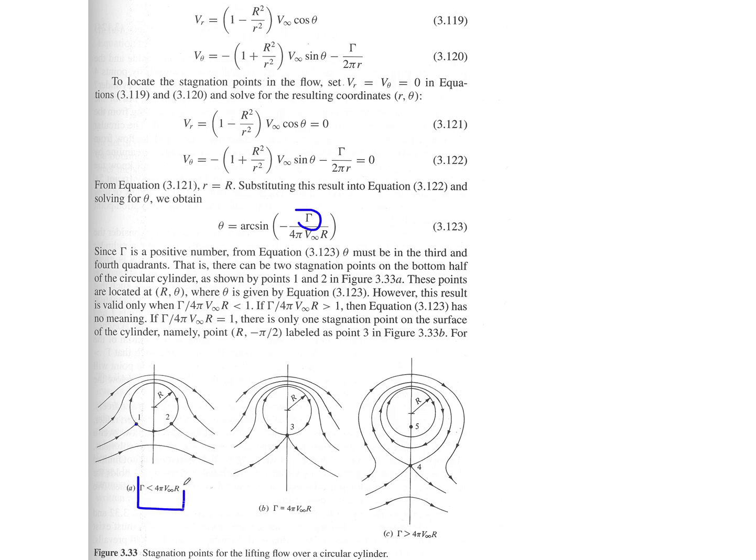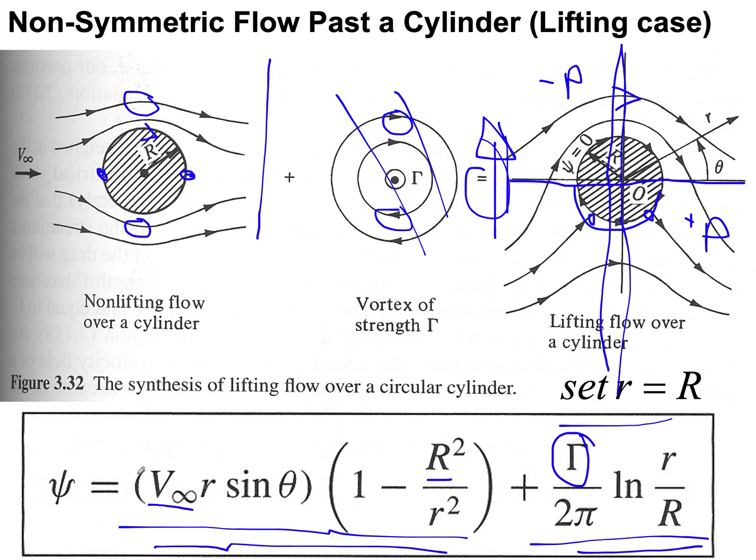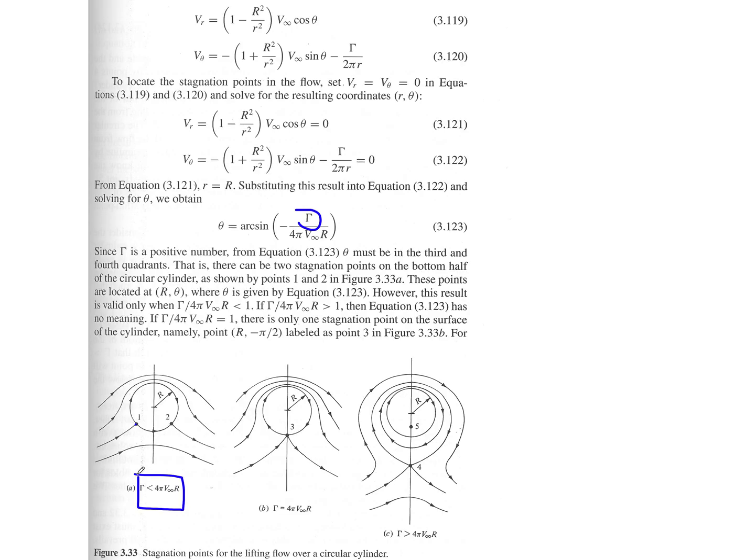So when the circulation is smaller than 4 pi V infinity R, which comes from the previous equation, and you can follow the derivation. It comes actually from here. These are the stagnation points at which theta is.